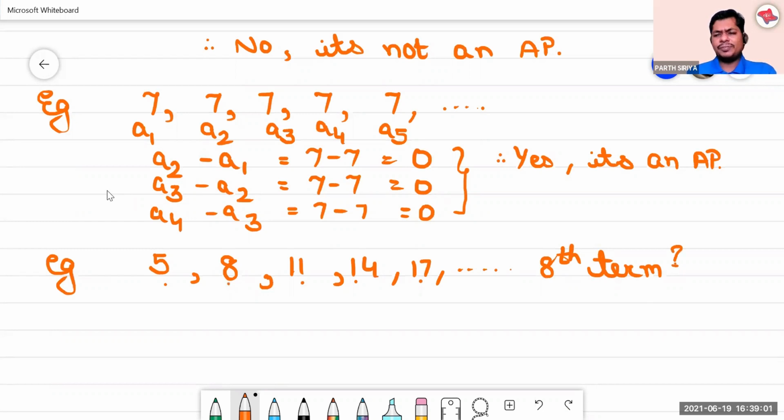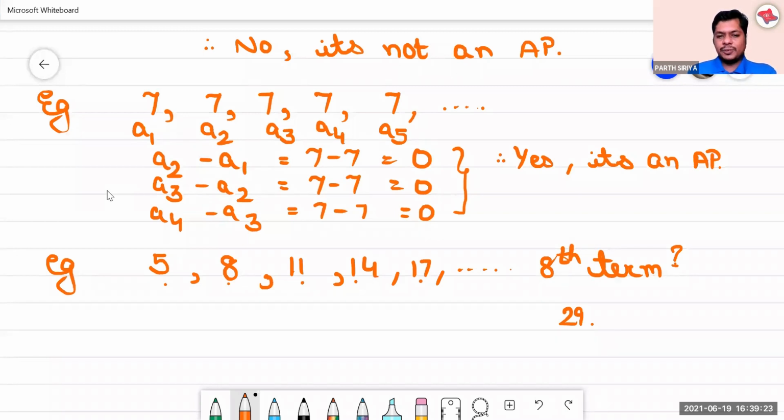It's very easy. It's okay if you give wrong answer. तभी तो सीखने मिलते हैं. Go ahead, give it a try. 29. Okay, 29. ठीक है. What about you, Jaswita? What would be the 8th term? Sir, 29.